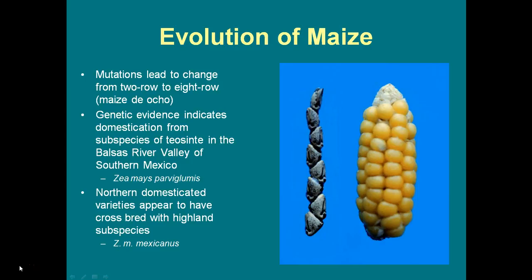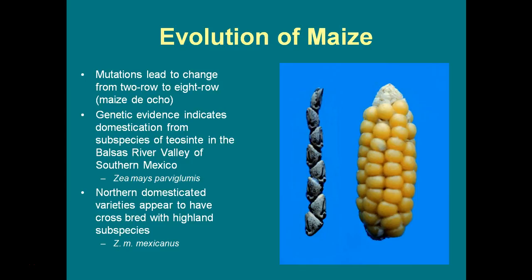As I mentioned, mutations led to a change from 2-row, as you can see 2 on either side of a central stalk, to 8-row, as the 2-row mutated to 4-row, and then the 4-row was crossbred to create the 8-row, the maíz de ocho. Genetic evidence indicates the domestication occurred in the Balsas River Valley of southern Mexico using a subspecies Zea mays parviglumis.